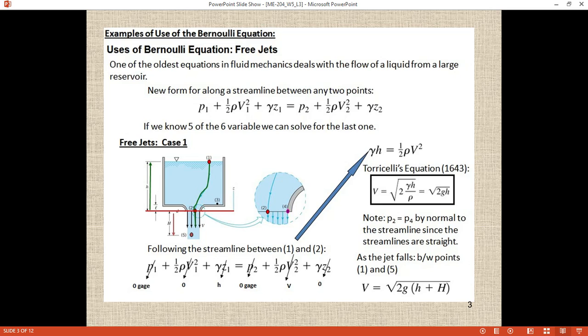So let's see here. The Bernoulli equation in a new form along a streamline between any 2 points. This is the streamline, and we apply the Bernoulli equation between these 2 points. This is the Bernoulli equation written in the form of pressure.